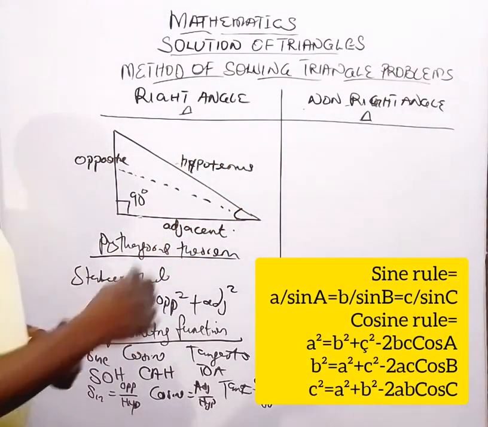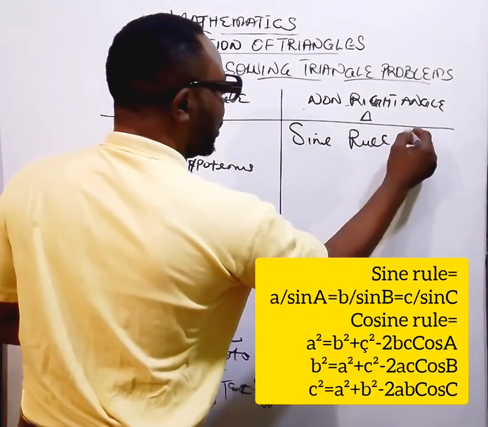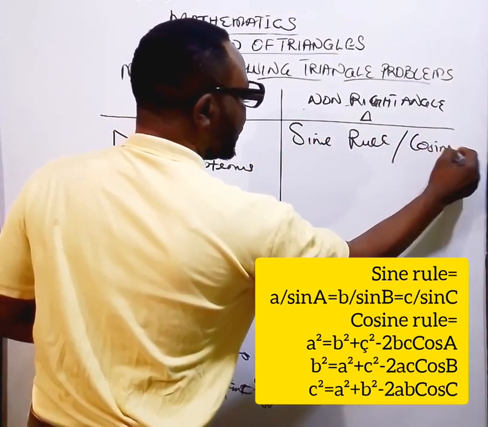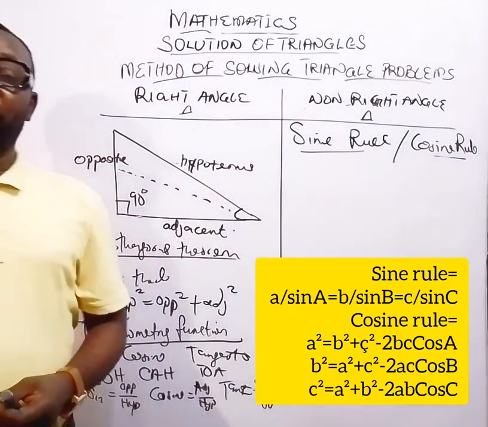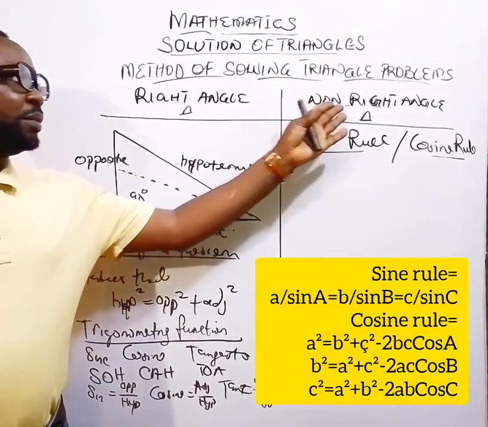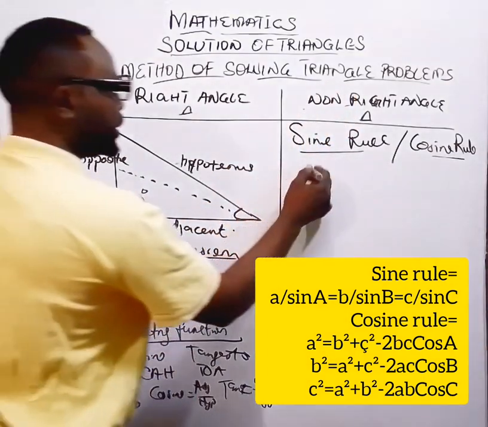They are the sine rule or cosine rule. Those are the methods we use in solving the problem of non-right angle triangle. Now, for sine rule.